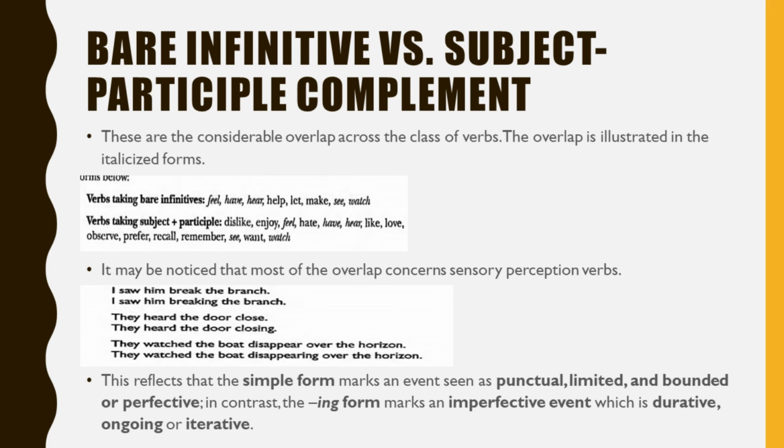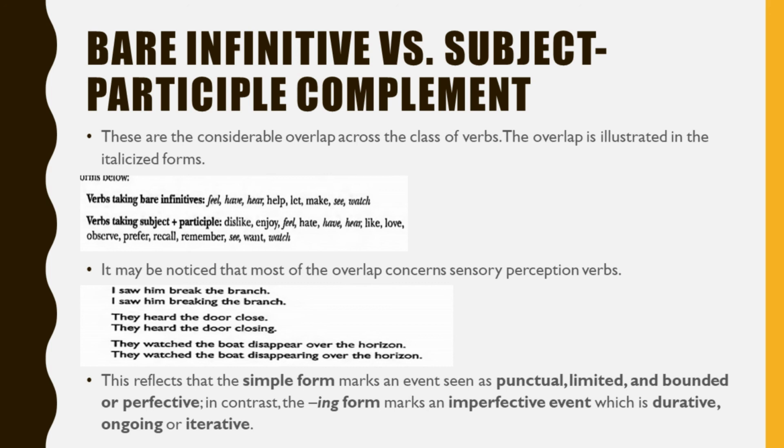One view, advanced by Kirsner and Thompson in 1976, of the crucial difference between pairs like the examples on the screen reflects a difference between perfective and imperfective aspect, wherein the simple form marks an event seen as punctual, limited, and bounded, or perfective.